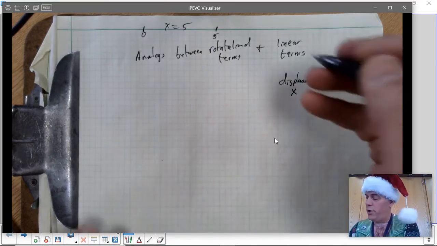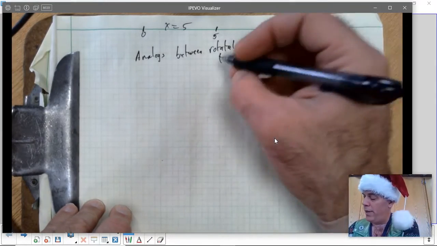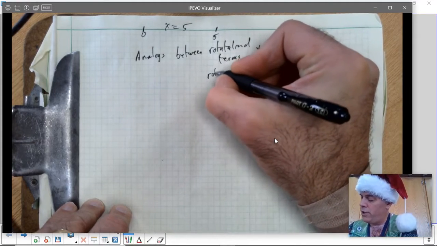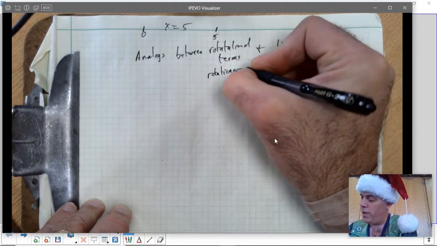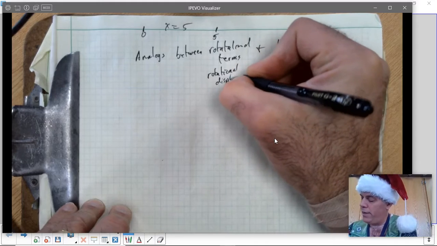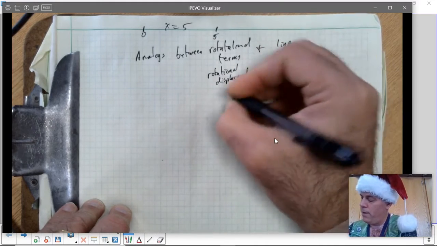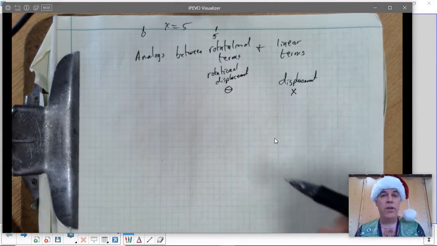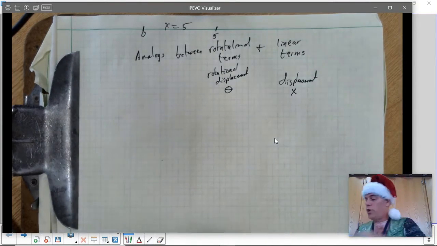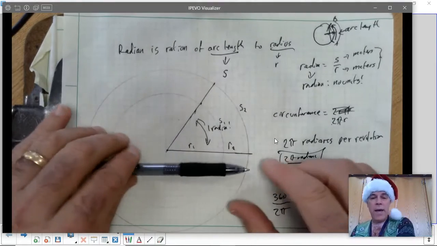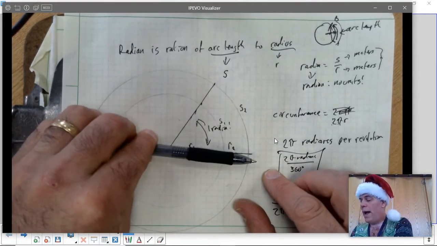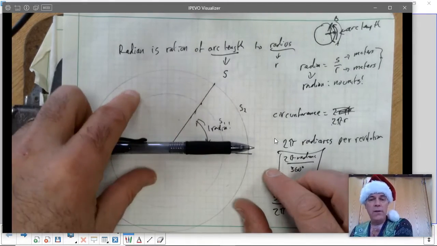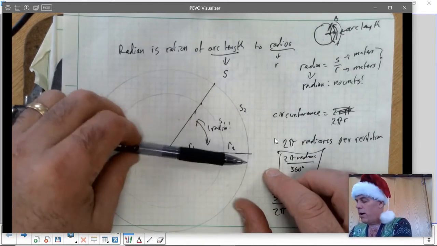Well, in rotational terms, rotational displacement is, well, it's rotational displacement. I should just write that. Rotational displacement is, we use the symbol theta, which is the same symbol we use for an unknown angle, okay? So when we're talking about a circle here, we want to know how far the circle has gone around. Like if it's a rotating record, well, you don't know what a record is.